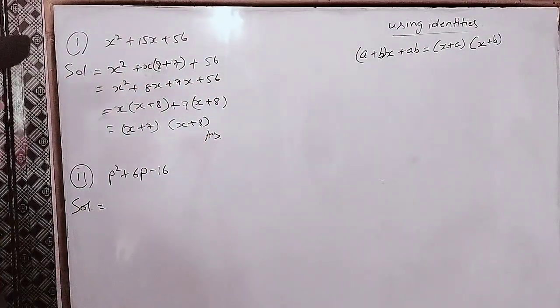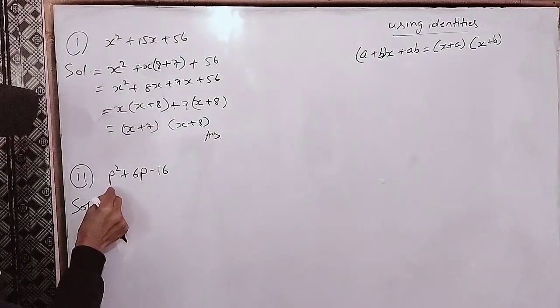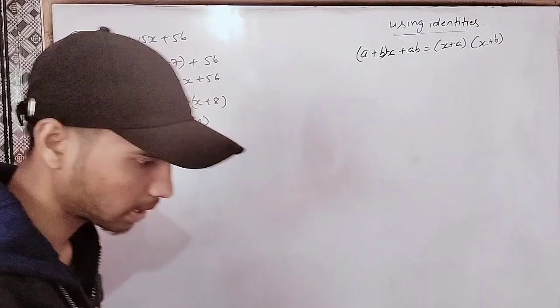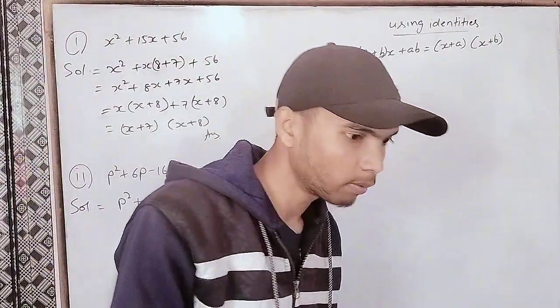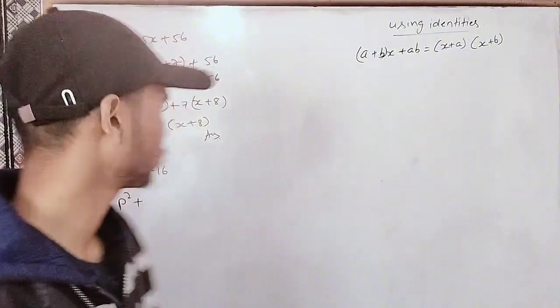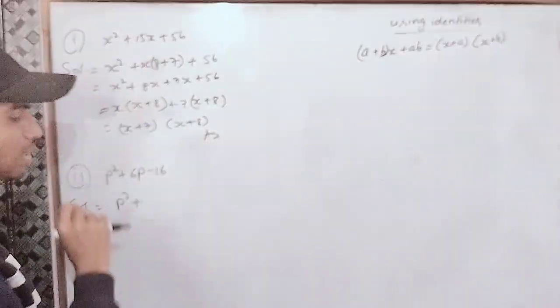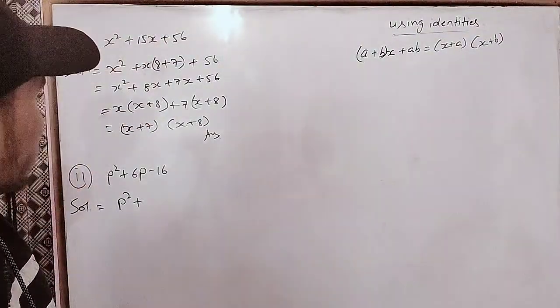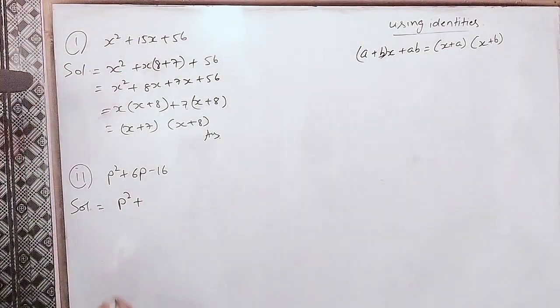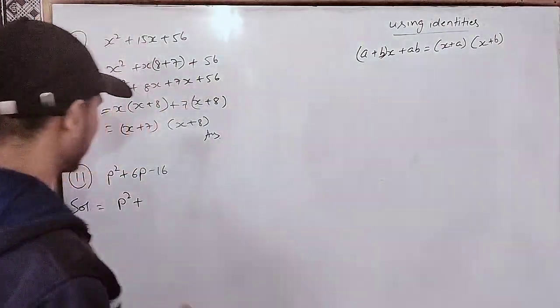Now let's move to the next question. We have p square. So it should be p, with the multiplication of a plus b. Here 16: 4 times 4 is 16.